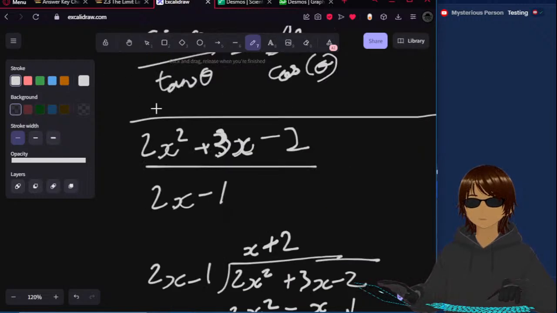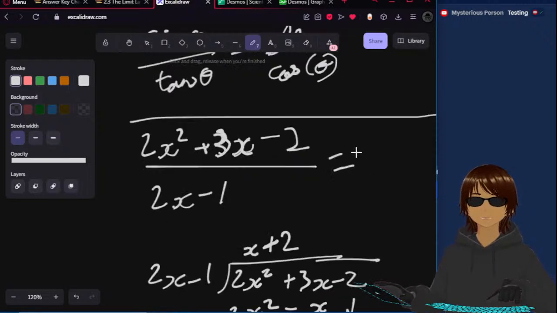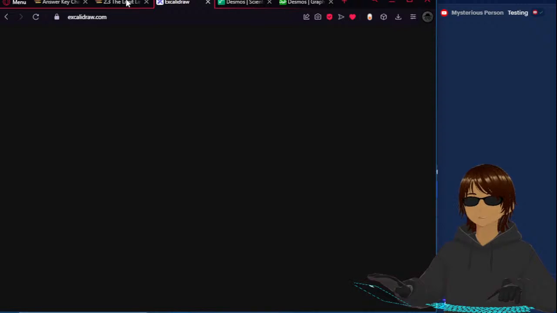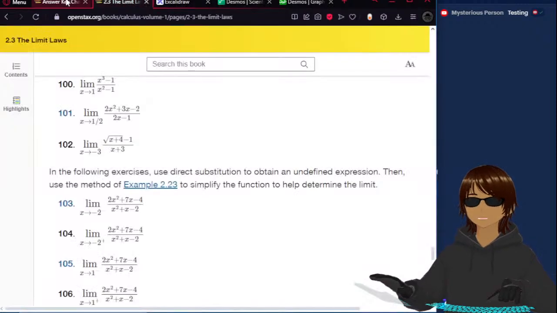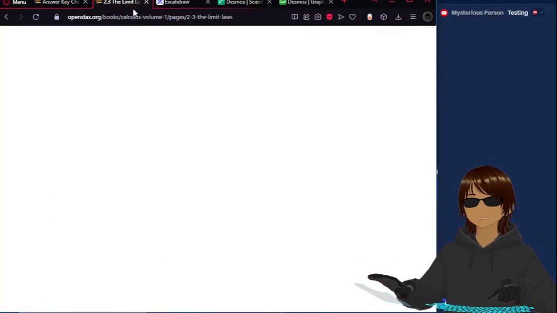Yeah, but then that means this is equal to, we can cancel out 2x minus 1 and we are left with x plus 2. So half, 2 plus half is 2.5. Yeah.